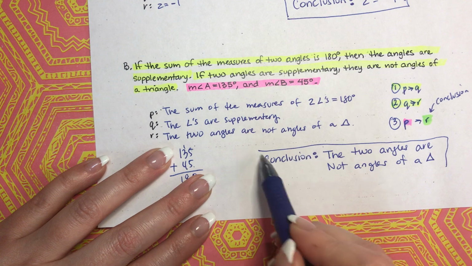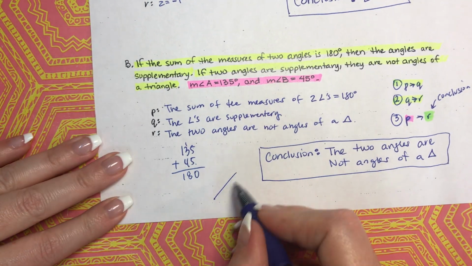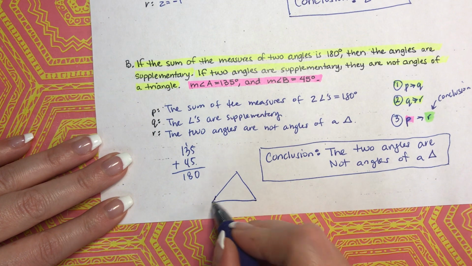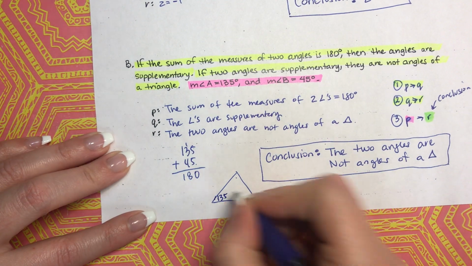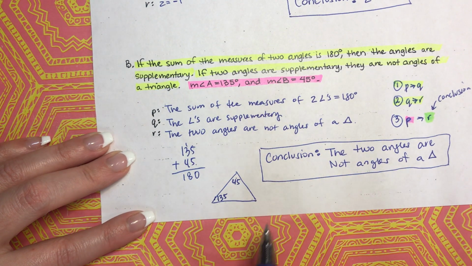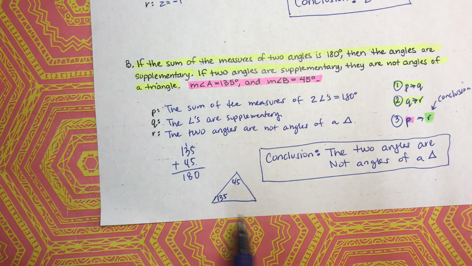Fun fact. For a triangle, you need three angles, right? And all three angles of a triangle add up to 180 degrees. So if this is 135 degrees and this is 45 degrees, when you add them you get 180 degrees. But the degrees of a triangle have to equal 180.